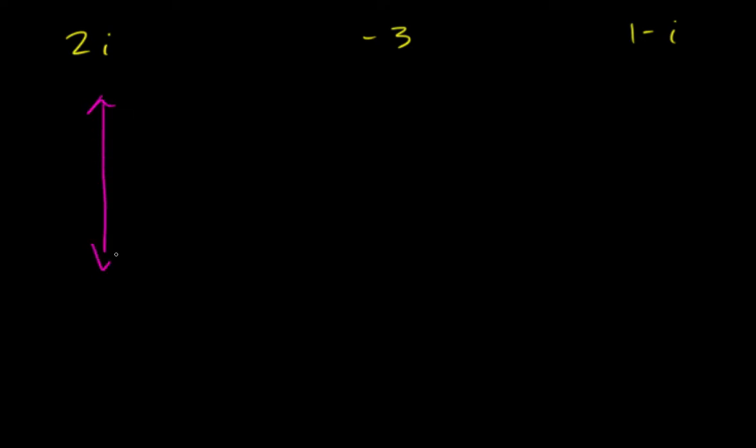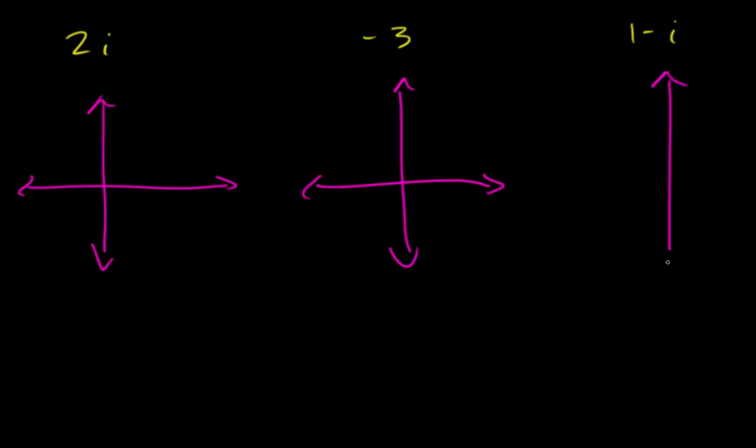So if we look at it on an axis like this, let's draw all these. Okay, 2i is just going to be that, and we can see that the rotation is pi halves.